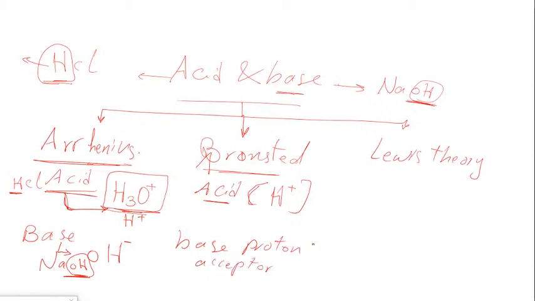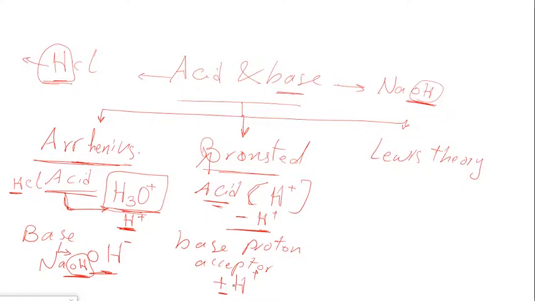So the acid will lose an H plus in the reaction, and the base will accept an H plus. Unlike in Arrhenius, where we said the acid gains the proton and the base loses hydroxyl, in Bronsted it is about losing or gaining a proton.